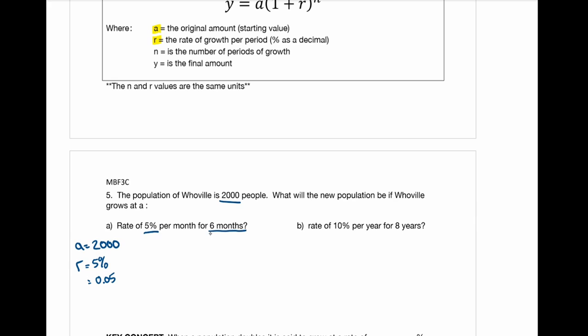And the 6 months tells me the n value. So y equals 2,000 times 1 plus the rate, or 0.05, all to the power of n, or 6.